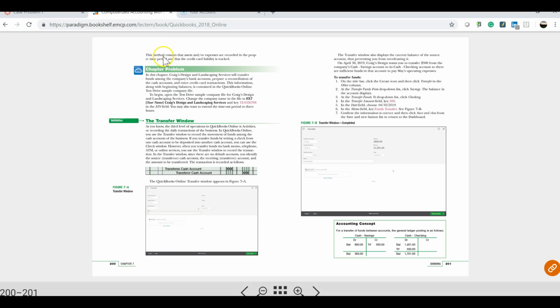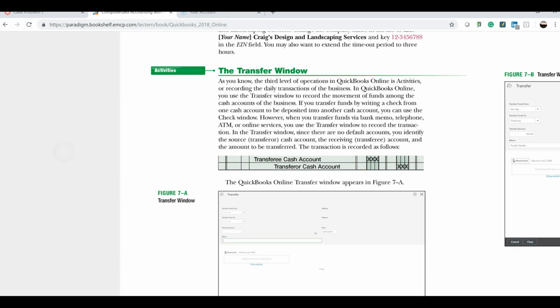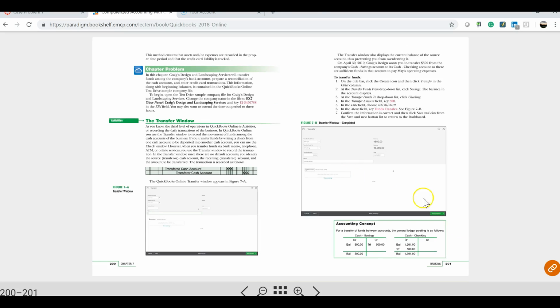And then you come to your tutorials. Be sure that you pay close attention and study the T accounts and the journal entries when you are doing transferring. For instance, this one, transferring cash account. Be sure that you pay close attention to those.